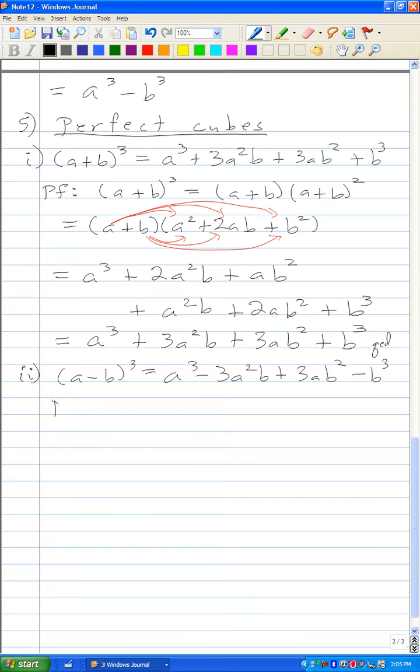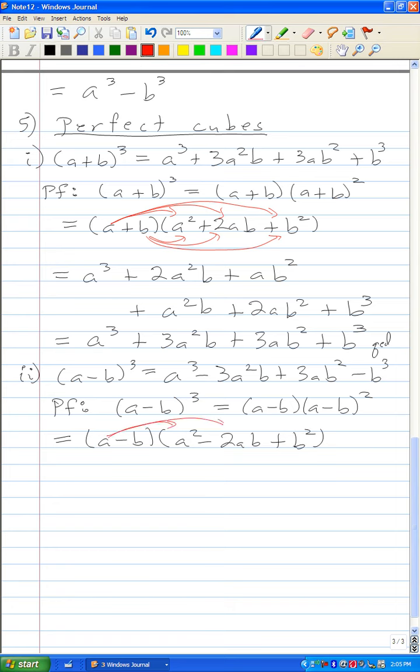So a minus b cubed is the same as a minus b times a minus b squared. And well, we know that a minus b quantity squared is a squared minus 2ab plus b squared, because we already derived that formula. So by the distributive property, let's multiply each of these by a minus b.